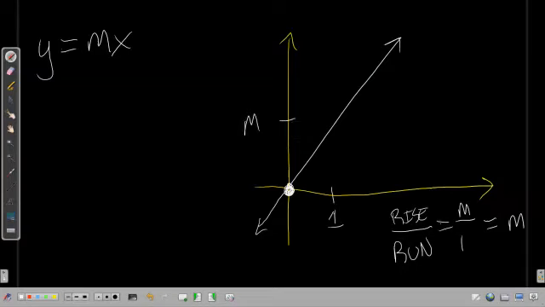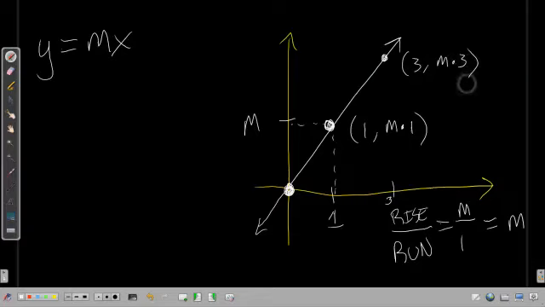So I could rise up here to m and be at another point on the line whose ordered pair is 1, comma, m times 1. Or if you picked 3, then you'd be at the point 3, comma, m times 3.